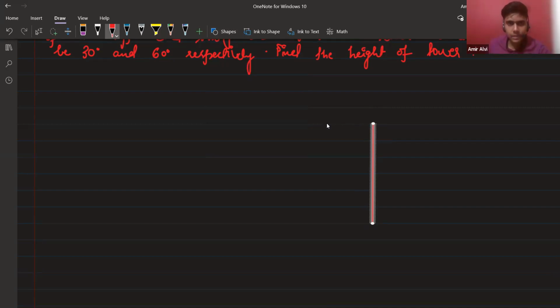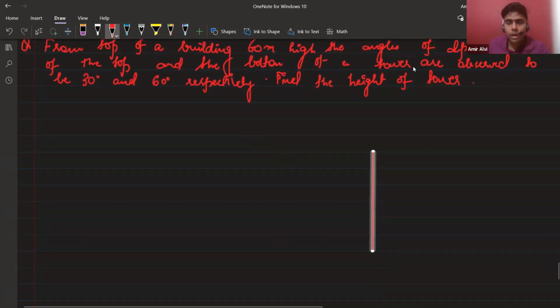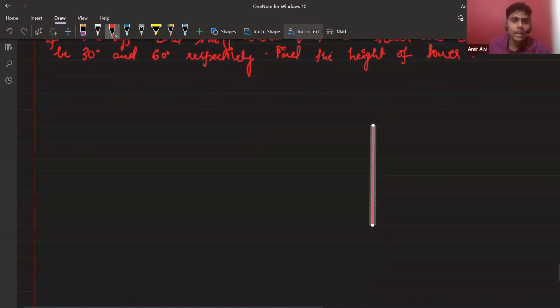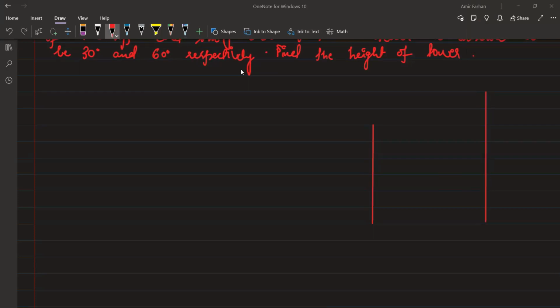It's saying that the angle of depression of the top and the bottom of a tower are observed to be 30 and 60 respectively. Find the height of the tower. So the height of the tower will be less than the building, yes or no? Everybody? Sure? Any doubt?